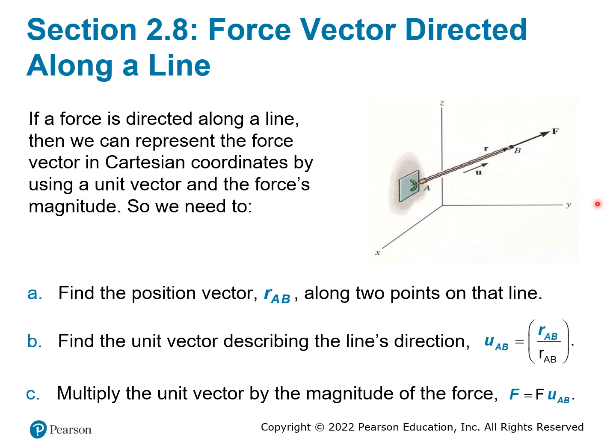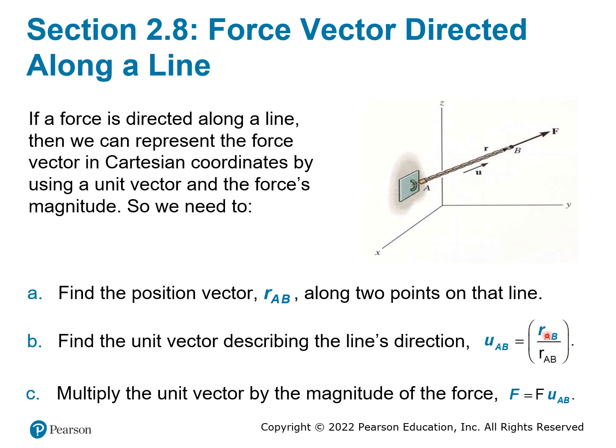If I know the magnitude of the force is F, and we also find the position vector r_AB along the 2 points on the line, we can find the unit vector of this position simply by using the vector r_AB divided by the magnitude of r_AB. The r_AB at the bottom, in blue, represents the magnitude, and the top one is the position vector.